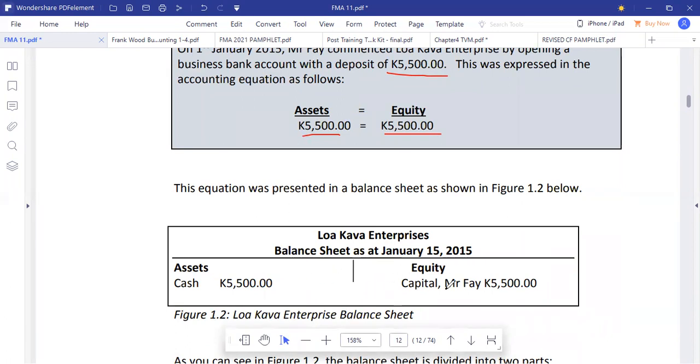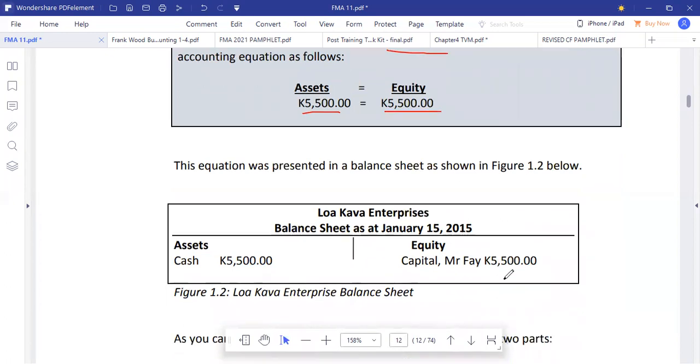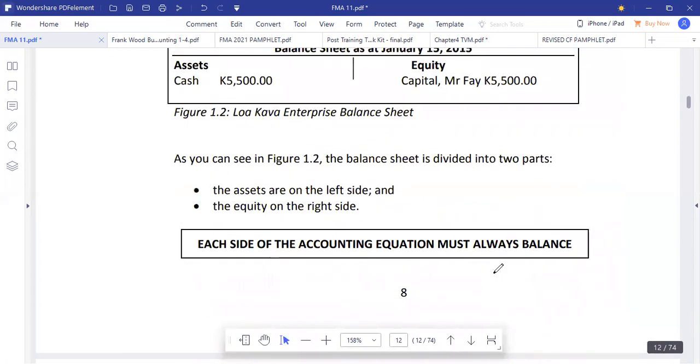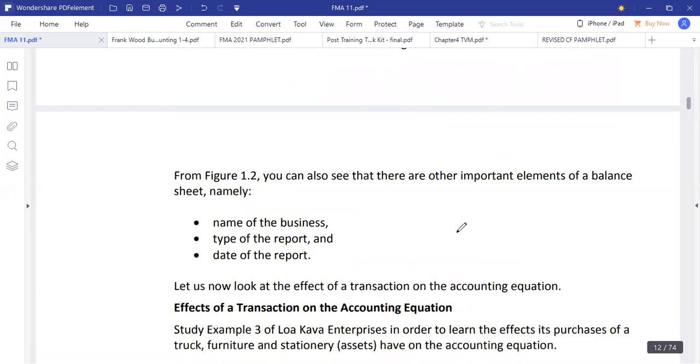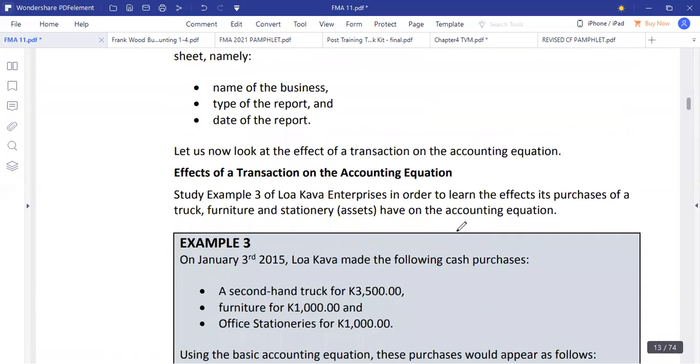So 5,500 is same as the capital that he has. Of course, we'll later on go to simplify or expand the balance sheet. But what you need to always understand is that in a balance sheet, each side has always balance. Of course, in the exam, like I was jokingly saying, it never balances, but you should try by all means to make sure that it balances.